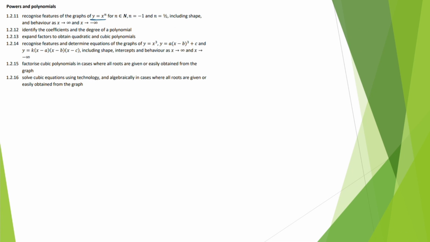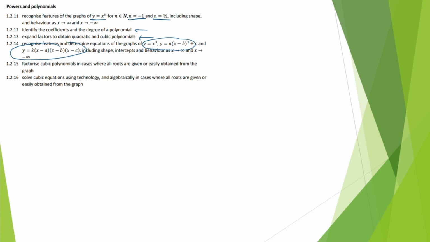We went over the features of graphs of y equals x to the n. We looked at n equals -1 and n equals 1/2. We looked at the shape and behavior as x tends towards positive and negative infinity. We defined what a polynomial was. We looked at what the coefficients and degrees are defined as. We were able to expand factors to find quadratic and cubic polynomials.